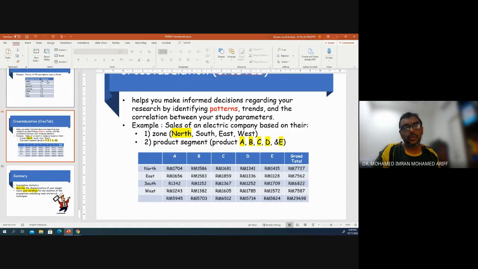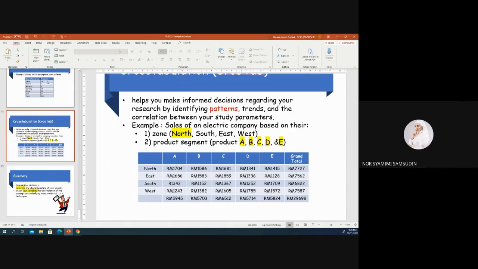Untuk numerical untuk buat correlation, we use the Pearson correlation test. Untuk categorical, we use the Z test. Okay. Thank you, Doctor.